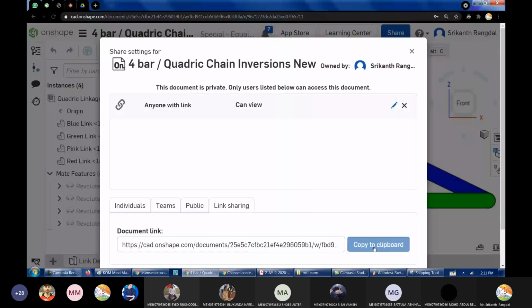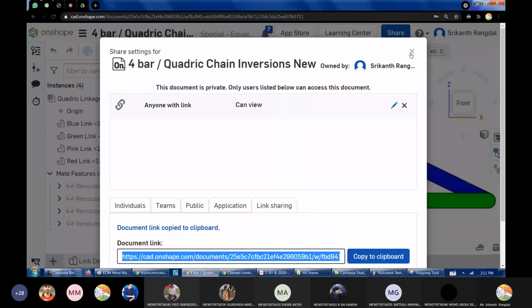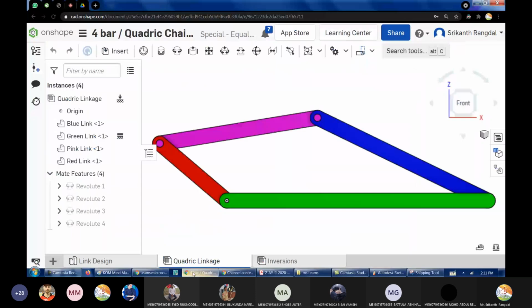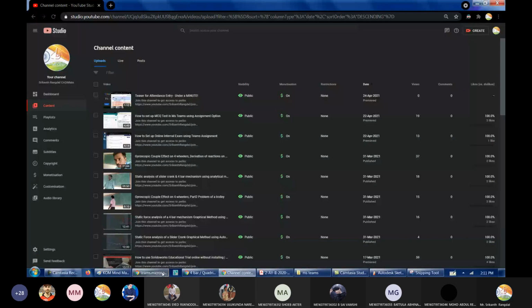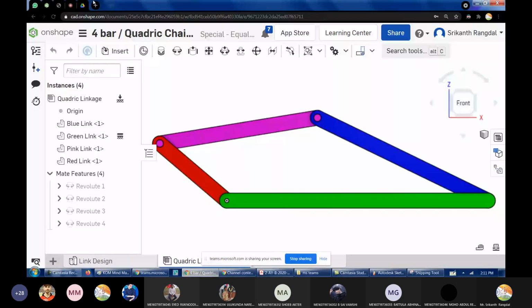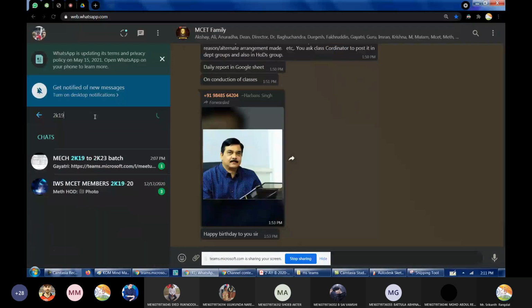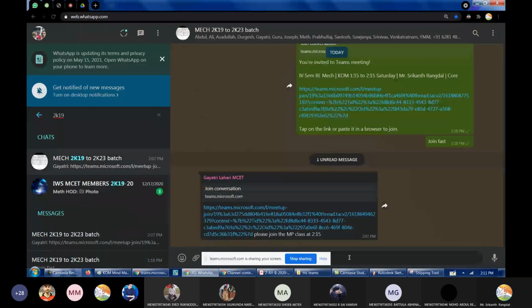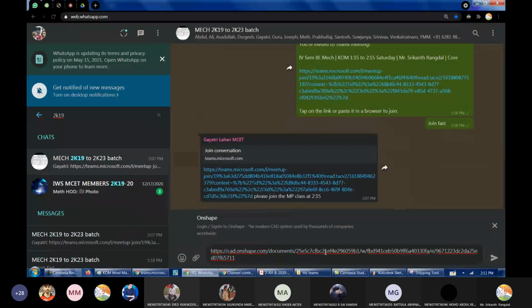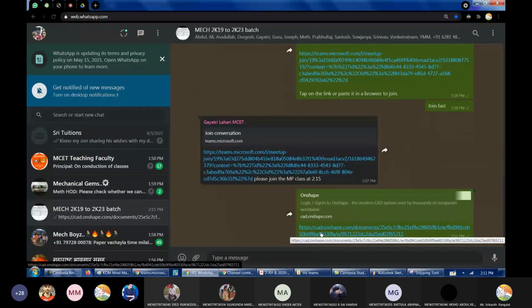Link sharing is also possible, but with just the link, even though you will be able to open and see the mechanism, you will not be able to see the special cases. So I'm sharing this link to your group. If you are using a laptop or a system, you can directly open it in the browser.